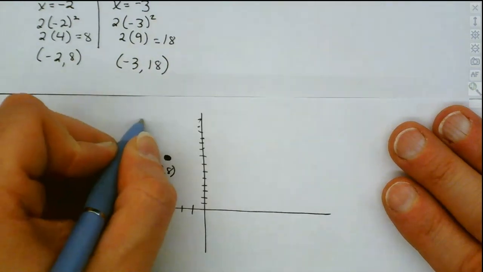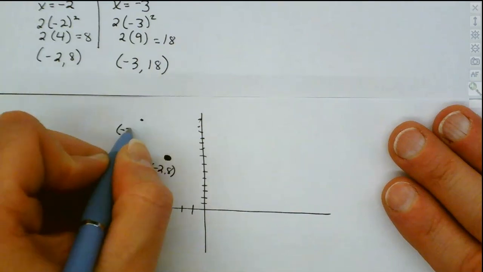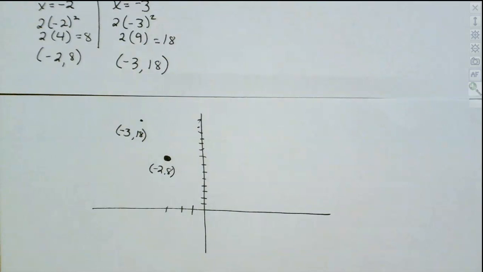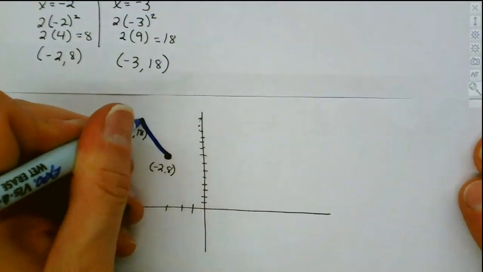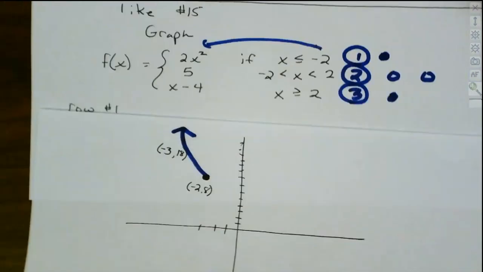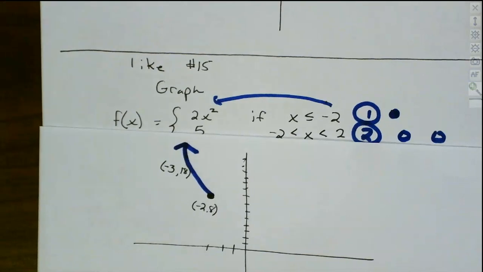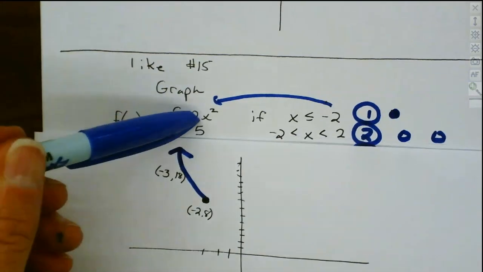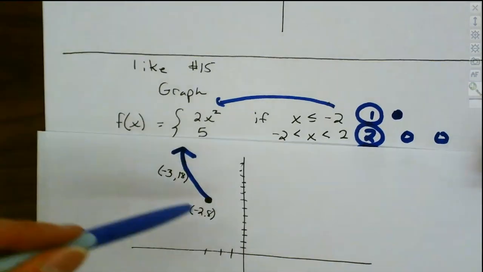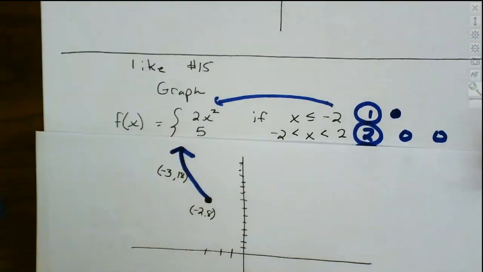So that's going to be clear back over here. (-3, 18). And we're going to connect these together. And it's going to make a curve. Now, why am I using a curve? Because what is row 1? Row 1 is a square, right? And a square makes a curve. So I'm going to curve them together like that.